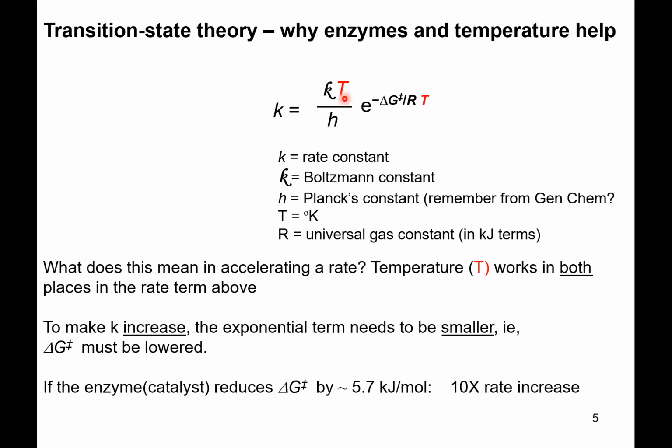In both cases, raising the temperature makes the rate higher. What an enzyme does is it lowers that transition state energy as well. So it makes this term lower, which makes the overall exponent lower, which makes this a higher term. Okay.